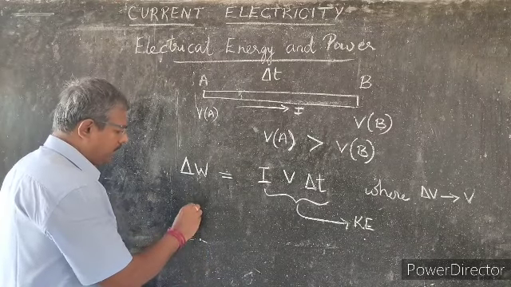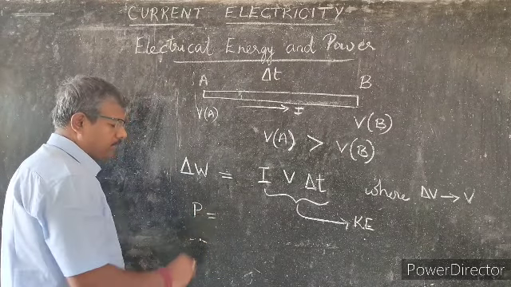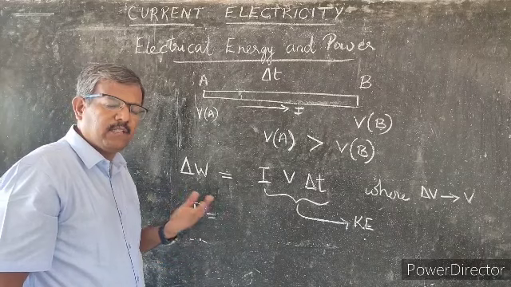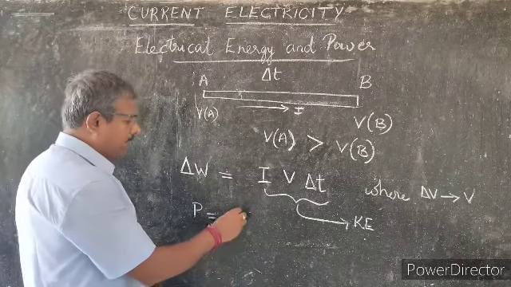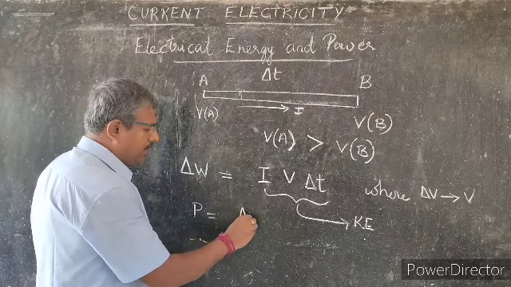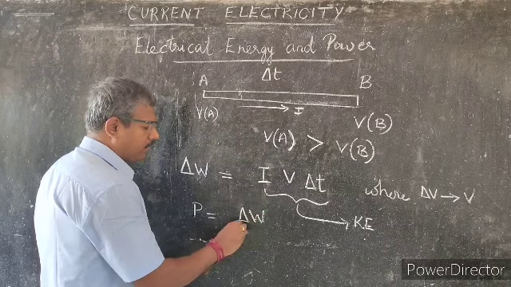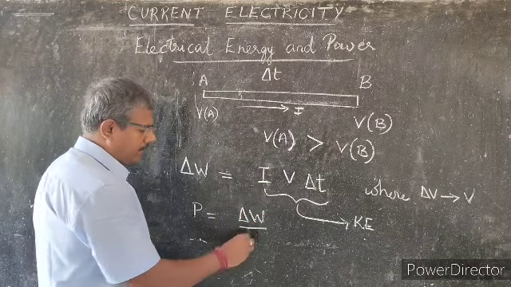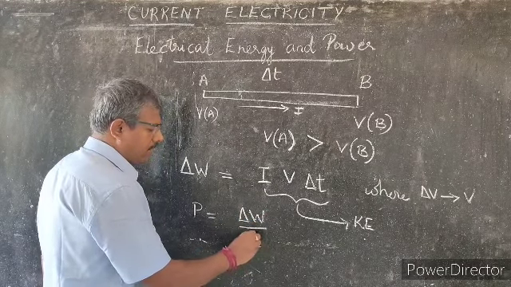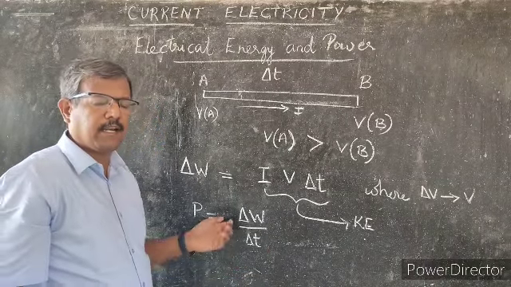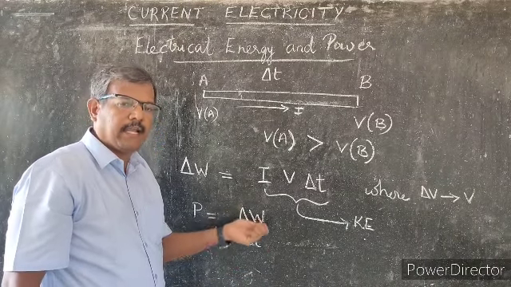Now if I take the total power that's being transferred to the atoms, that's also given by the work done by time. It is the rate at which work is being done.